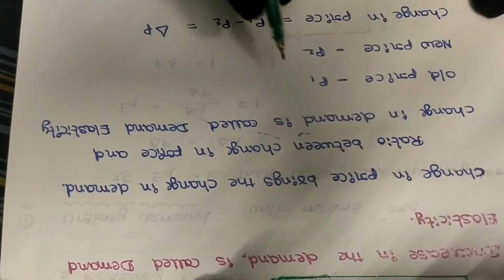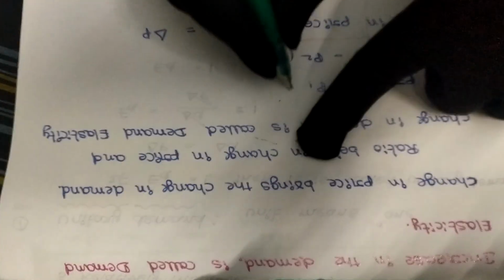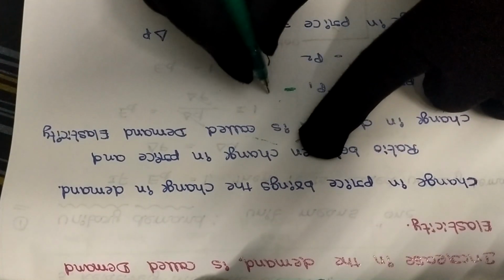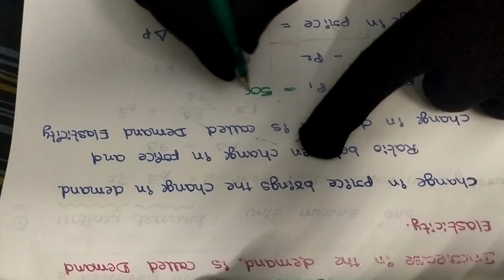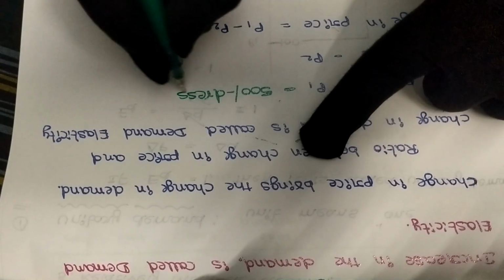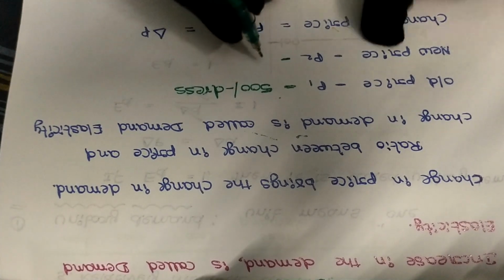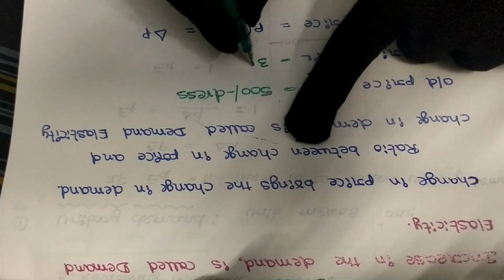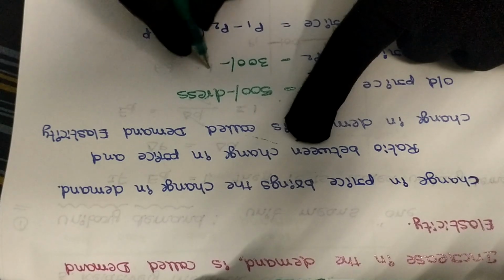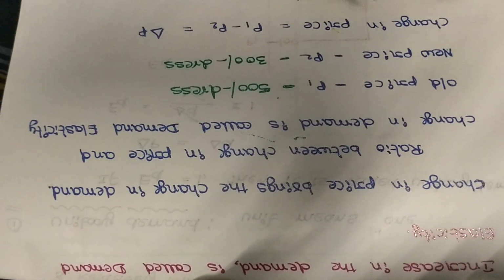That means when the price changes. Suppose yesterday the price was 500 rupees per dress. For a single dress, how much is it? 500 rupees yesterday. But today it has fallen to 300 rupees per dress. How much difference is there?